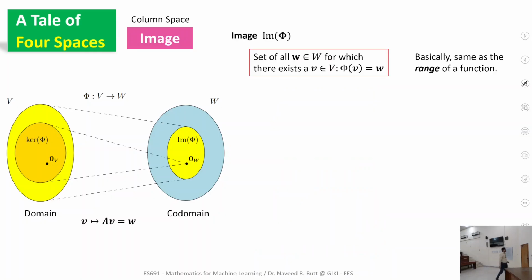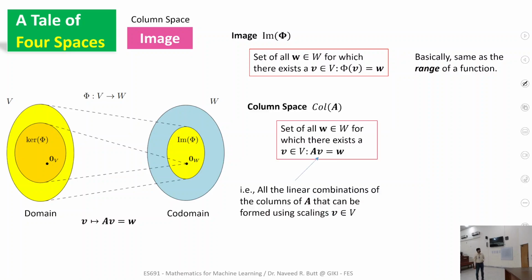Image basically again, yes, as you have already guessed, it's the range, जिसको हम रेंज कहते हैं. इसका वेक्टर्स में मैट्रिक्स के लिए क्या नाम है, ऊपर लिखा है मैंने, कॉलम स्पेस. ओके, बिकॉज व्हाई डू वी कॉल इट कॉलम स्पेस? Note, Av will lead to W, but अगर आप A को कॉलम्स की तरह देखें ना, तो you can see that you are actually making linear combinations by picking different values of v, v के जो कोऑर्डिनेट्स हैं.